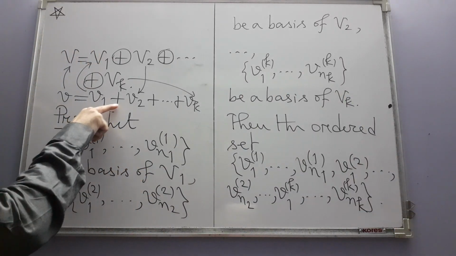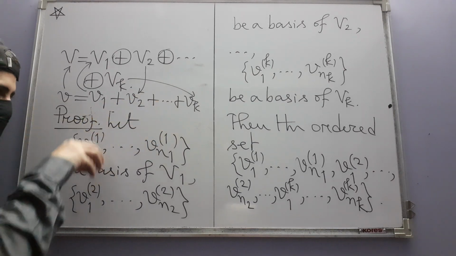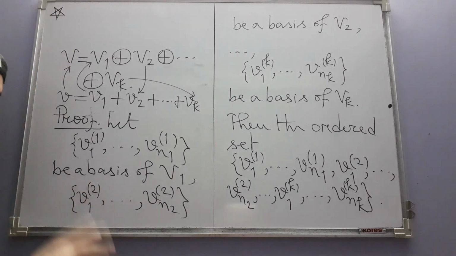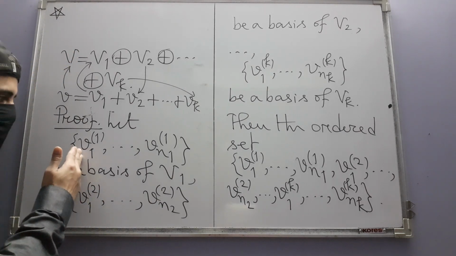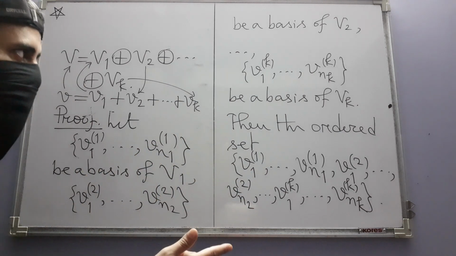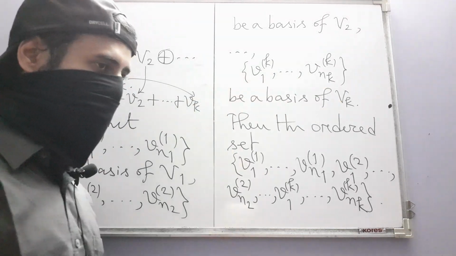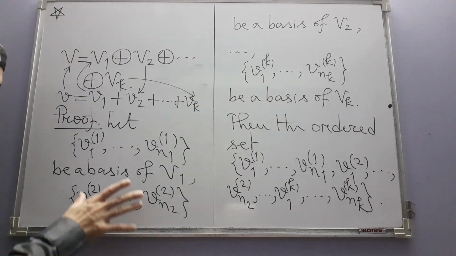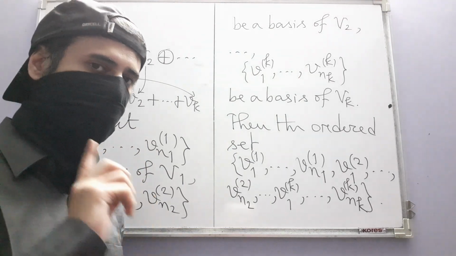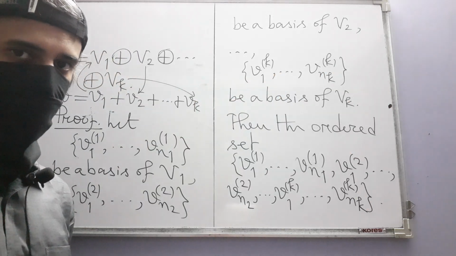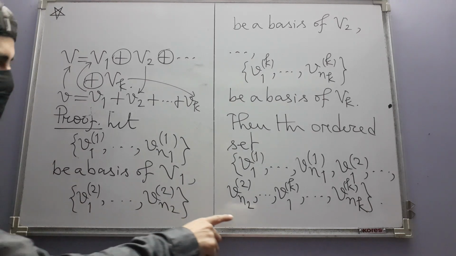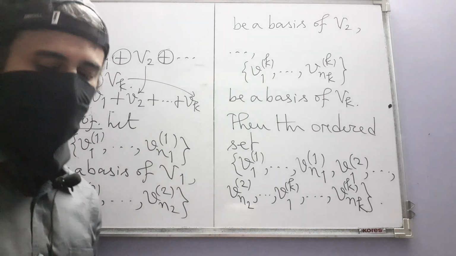So the uniqueness of these sums would tell you that each such vector individually has to be equal to 0. And then each vector means what? Each vector means a linear combination of these vectors, that is 0. A linear combination of these vectors, that is 0. A linear combination of these vectors, that is also 0. Then you just use the fact that these sets are linearly independent. That will give you all scalars equal to 0. That's it. So we can just simply say that this is a basis for V.